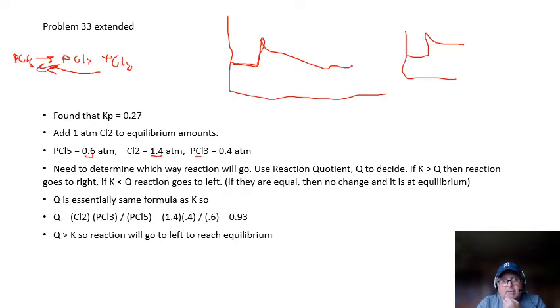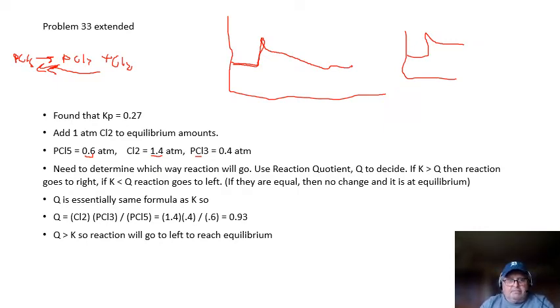If it's the other way around, where the Q is greater than the K, the reaction will go to the left. The way I remember this is K greater than Q goes to the right. If they were equal, then you're at equilibrium. The reaction quotient is essentially the same as the equilibrium expression.